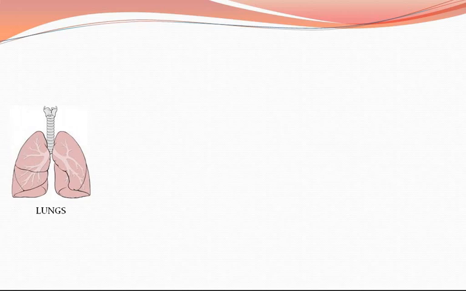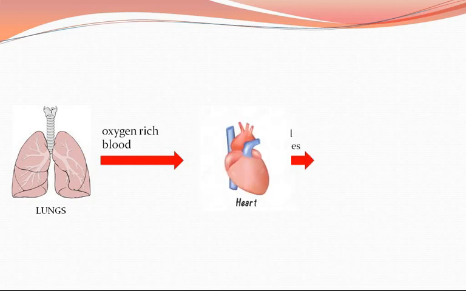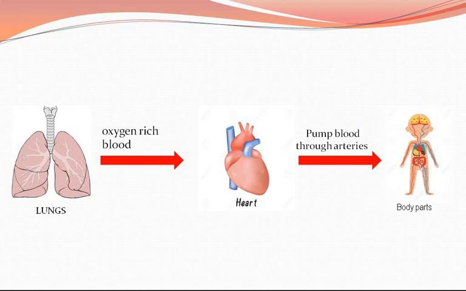After that, this oxygenated blood returns to the heart and from the heart, the pure blood is pumped through arteries into the whole body. The blood reaches the various cells and tissues in the organs, gives out the oxygen and takes in carbon dioxide.